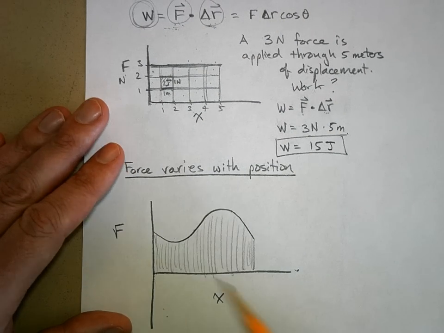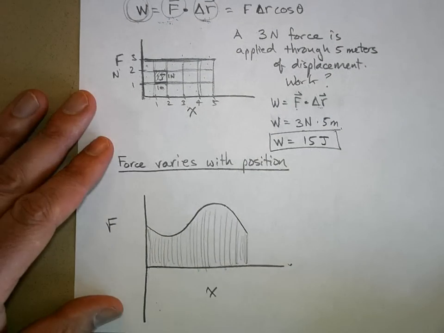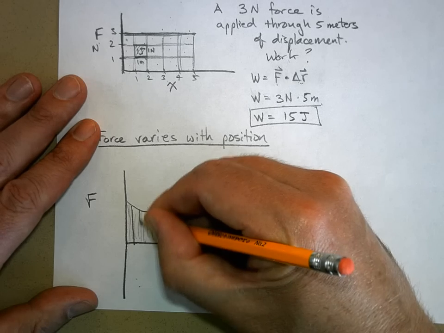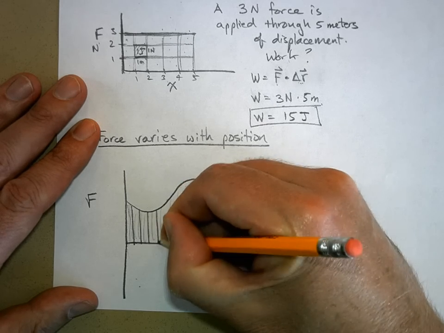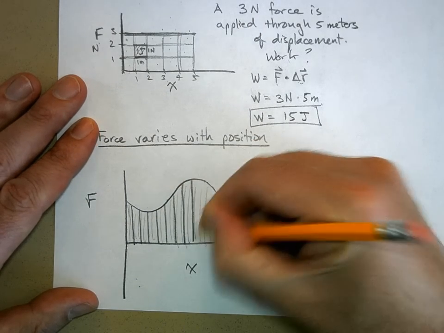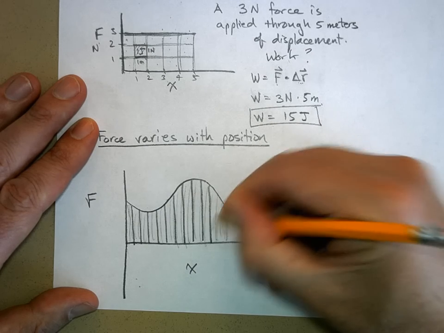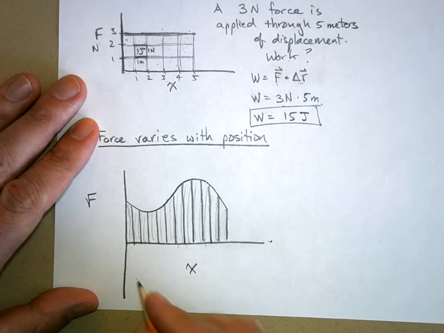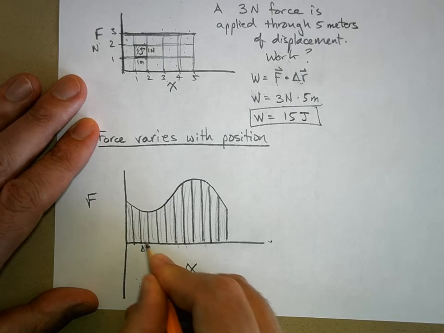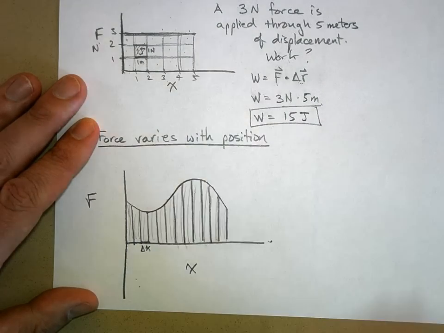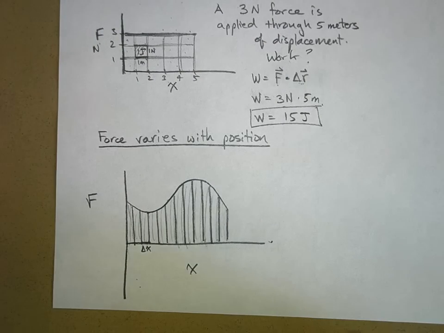Now, what we have done, and we've done this before, is we break this up into rectangles. We're going to give each rectangle a width. We're going to call it delta x. And it's got a height, and that height is F of x.